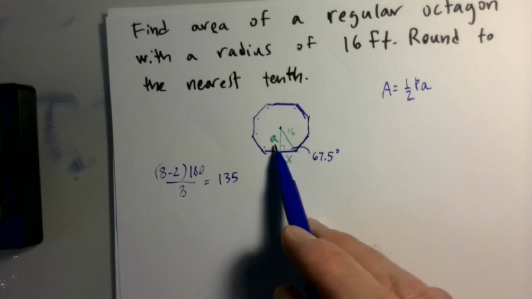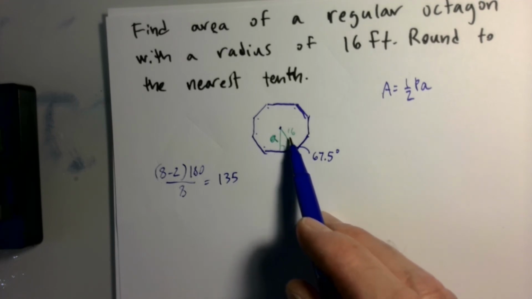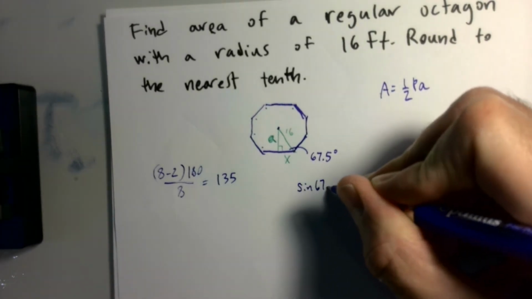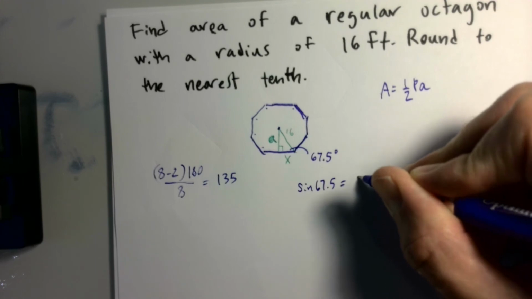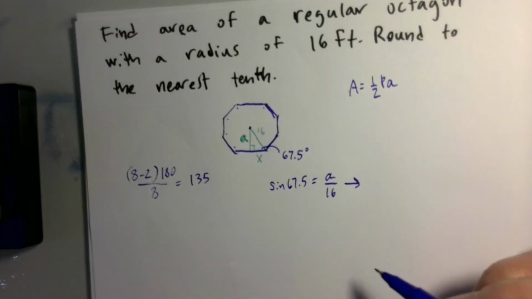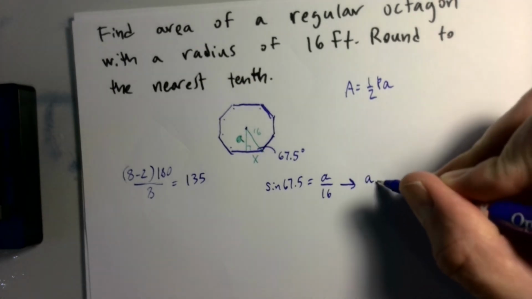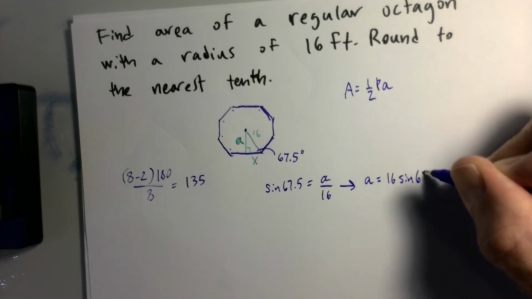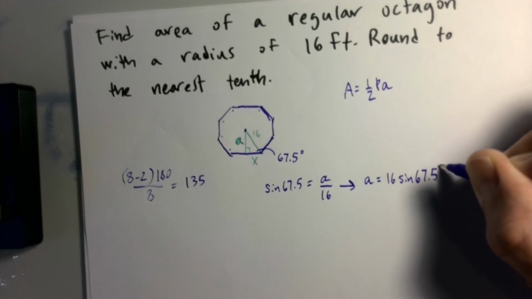If I'm looking for a, that's opposite, 16 is hypotenuse, so I'd use a sine. So sine of 67.5 is little a compared to 16, and we all know how to solve that. Multiply both sides by 16, so apothem is going to be 16 sine of 67.5 degrees.